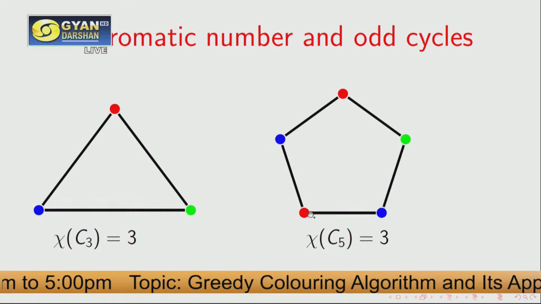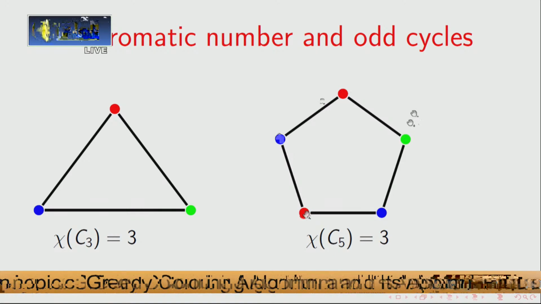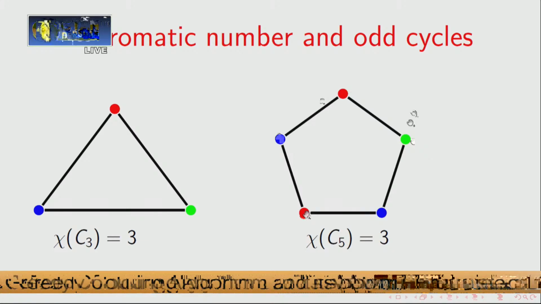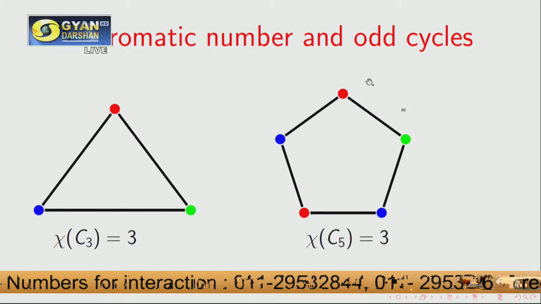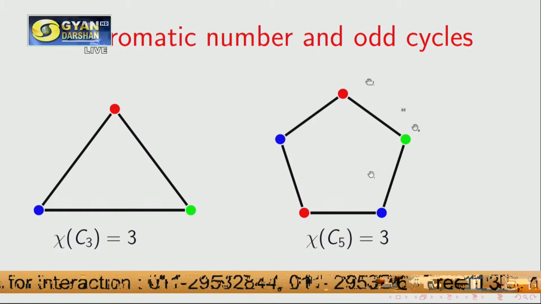Let's see how we can color this. Suppose you start coloring with this vertex. We start with the color blue and keep on coloring alternately, then red, then blue, then red. Now we come to this vertex. Here again we see that the vertices which have been colored red and blue are both adjacent to it.